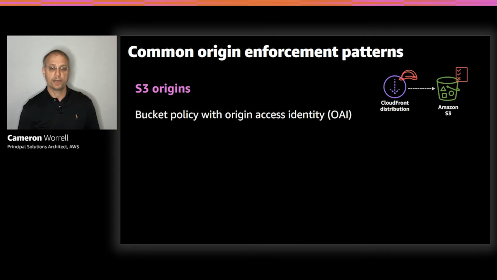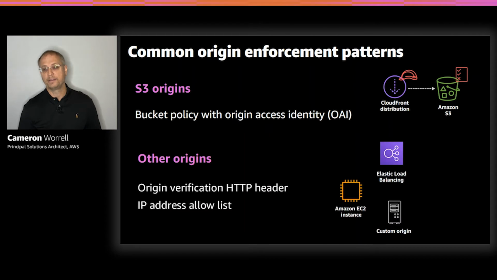And this is essentially where you have a user that gets created, that special user that CloudFront uses to access your S3 resources. And you then define a bucket policy on your S3 resources to give them the appropriate permissions to read the objects and interact with that. And any other requests coming in will be blocked by that policy.